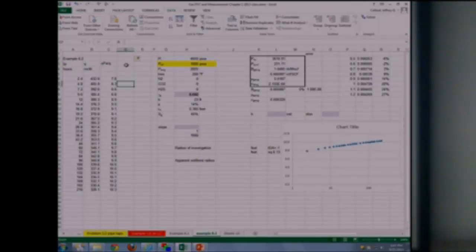So I'm going to call this, and we're doing this with the linear pseudo pressure. Normally I just put one cell down.